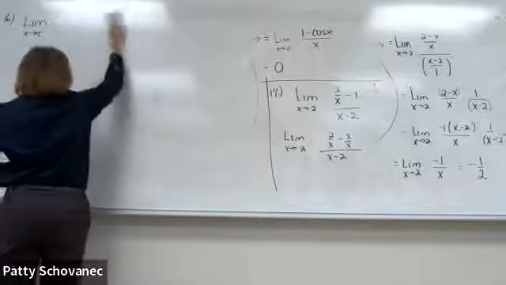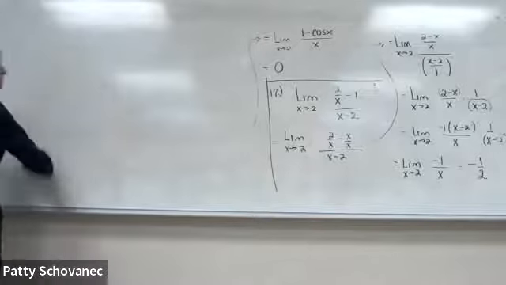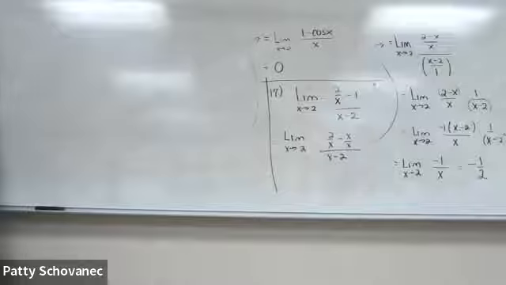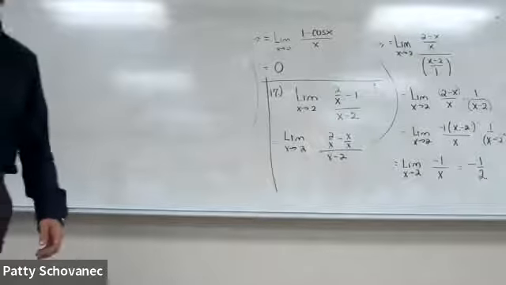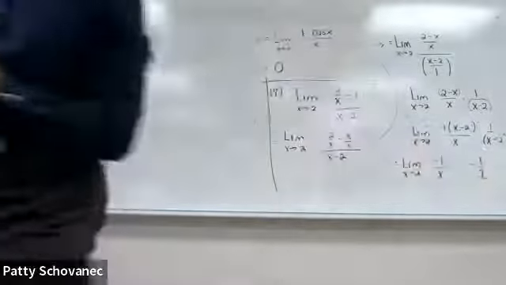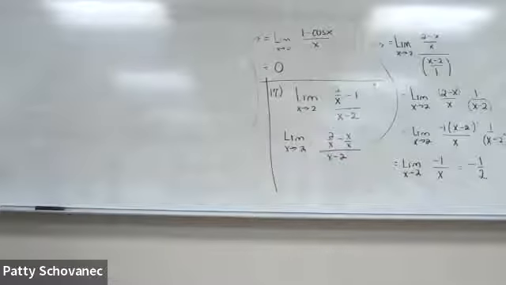All right, back to trig. I've got a tangent of 3x divided by the tangent of 2x, and x is going to 0.